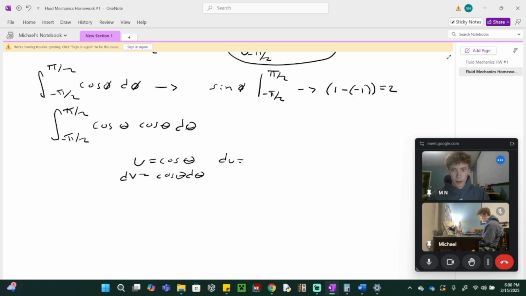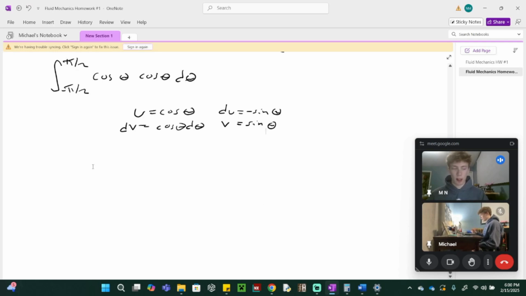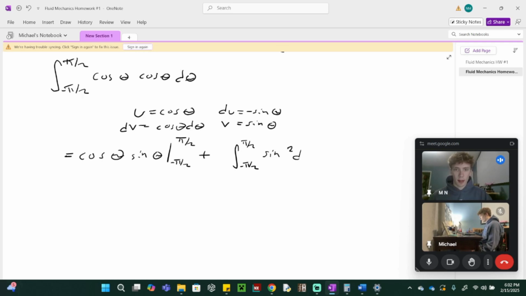So du equals negative sine theta, and v equals sine theta. So now we use our integration by parts, and we get cosine theta sine theta from negative pi over 2 to pi over 2, plus the integral from pi over 2 to negative pi over 2 of sine squared theta d theta.